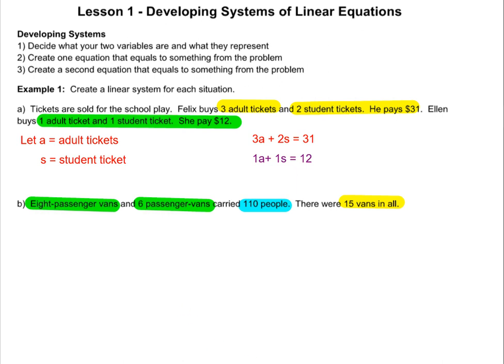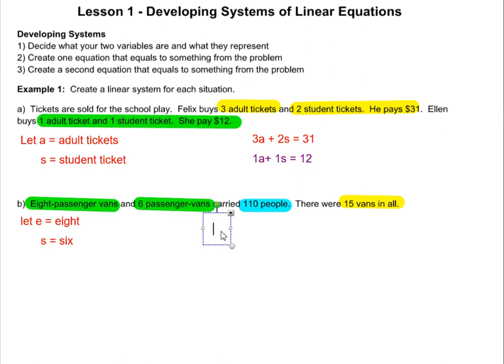I'm going to make my let statements first. We're going to say let E equal the 8-passenger vans, and we're going to let S equal the 6-passenger vans.